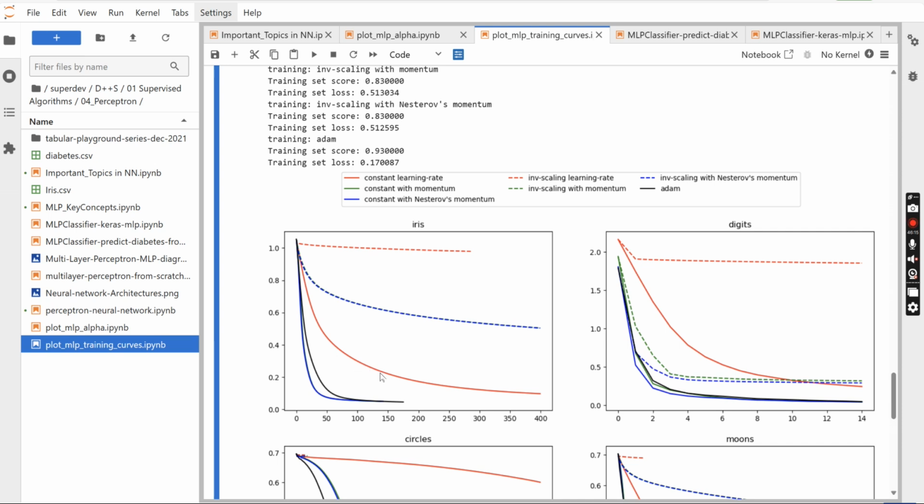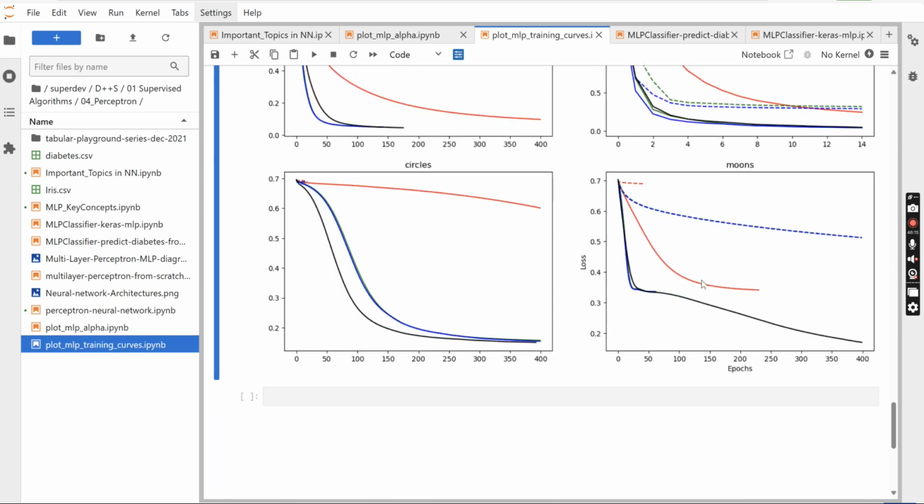So inverse scaling learning rate with momentum, with Nesterov's momentum, all of them are not good enough, I would say. Dotted lines. Next is constant learning rate. Notice constant learning rate will decrease the loss function, but it will take a lot of time. It is taking 400 epochs, this red line. Here also it is taking a lot of iterations. Here it is decreasing the loss, but after that it is not even running. It fails to decrease the loss function.